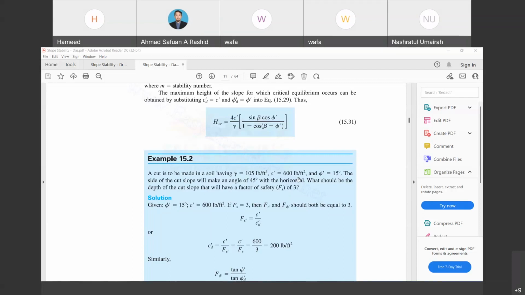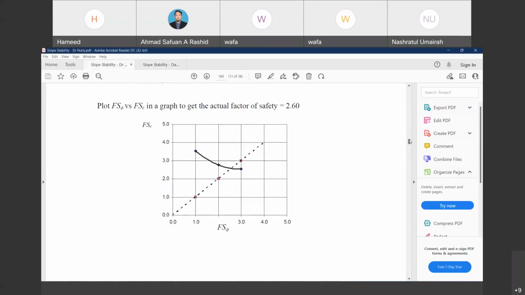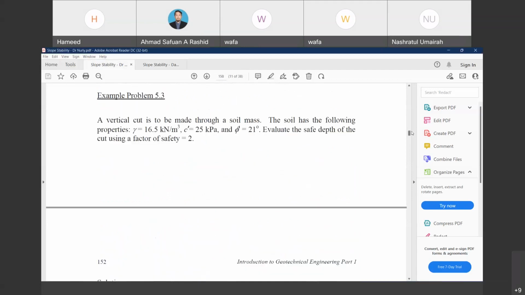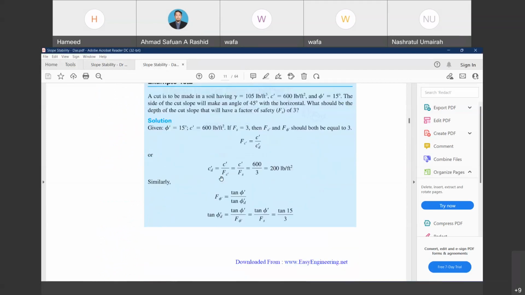This is what we have seen in the example by Dr. Noli, in problem number 5.3. So the Cd that we should introduce is C over the factor of safety, which is 200.